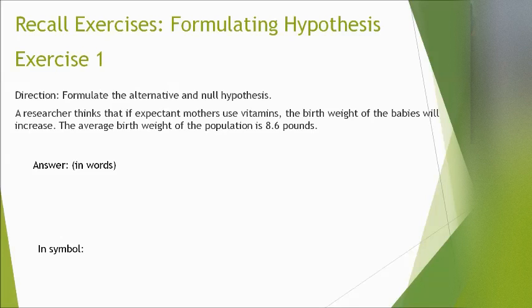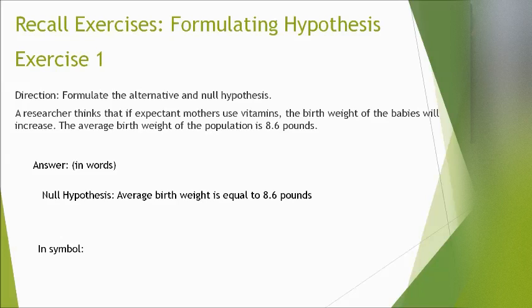So let's start in words. We always start with the null hypothesis. Null hypothesis: the average birth weight is equal to 8.6 pounds. Since it's a null hypothesis, we are using only the equal symbol. That's why the sentence says equal.